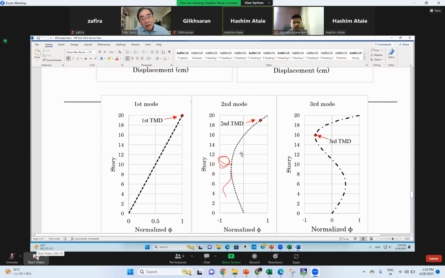It is possible, but this amplitude is larger than this. But you already have one TMD here. So why is it necessary to put another one also here? So it's in the top and another is in the lower floor. It's only one story.